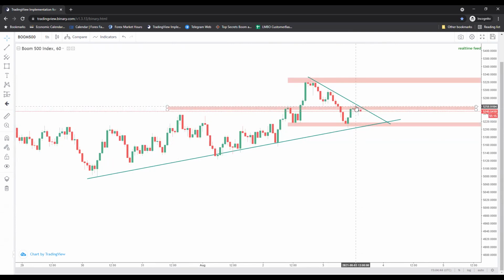If it is a crash and you see the rejection from this area, you can sell because you can easily see that this is a move. The sellers are pressuring. So there is a high chance that this is a resistance zone, and if the market is rejecting even from the trend line, there is a probability that the market will go back down and touch this area again. Correct?